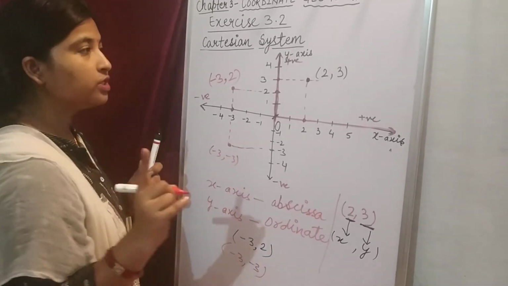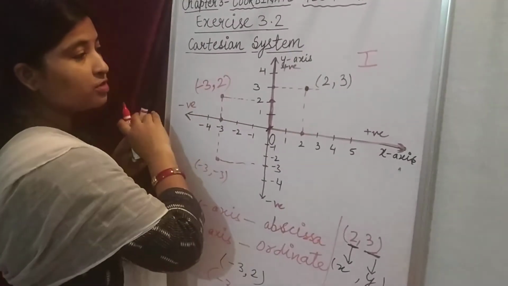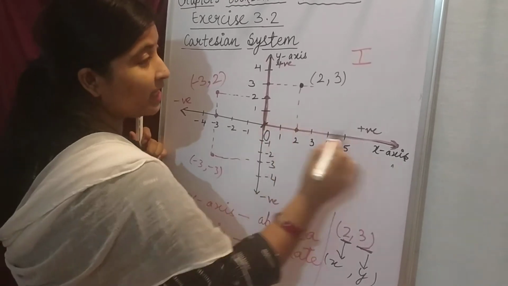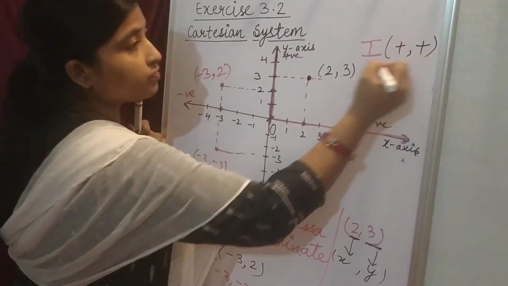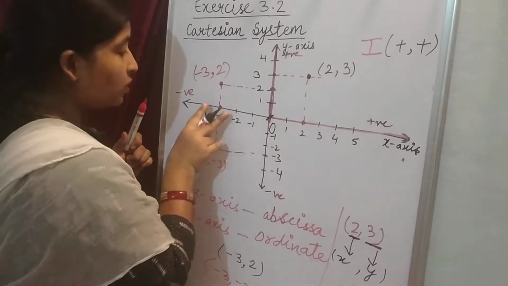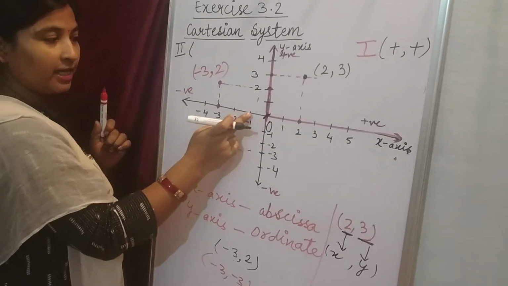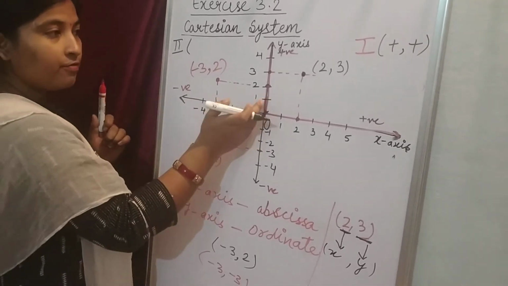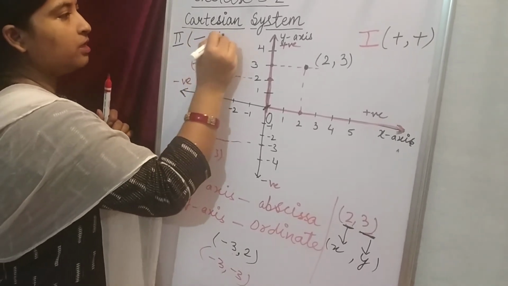One more thing, students. Can you see that in the first quadrant the x-axis is positive, the y-axis is also positive? Yes. On the second quadrant, the x-axis is negative, the y-axis is positive. So first will be negative, second will be positive.